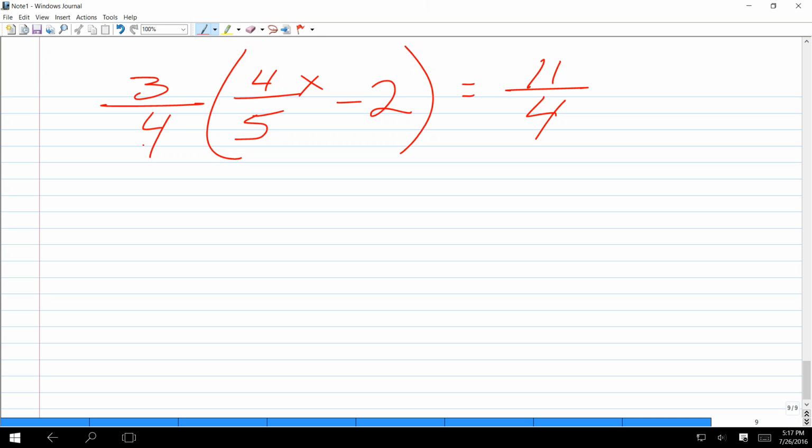But in this case, I have a 4 over here and a 4 over there. If I multiply both sides by 4, I can do this. Bingo, immediately. So whenever you can do something immediately, do it. Now this is what's left.